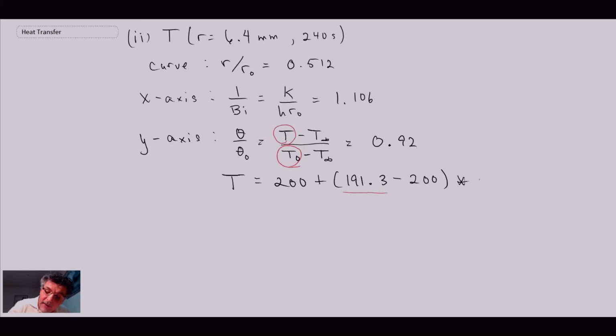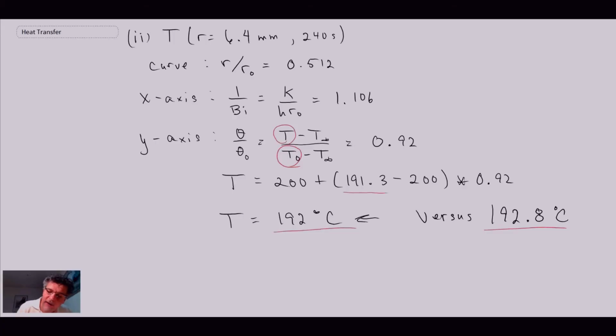Then we multiply that by 0.92, and when we do that, we get T of 192 degrees C. So that is the result that we get. And let's compare. When we did the previous example using the approximate technique, we got 192.8 degrees C, so slightly higher than what we're getting now.